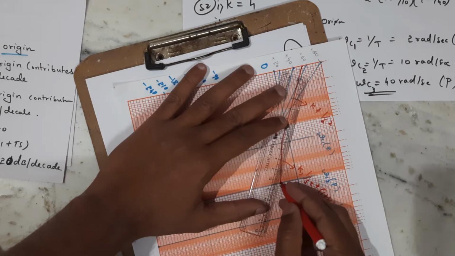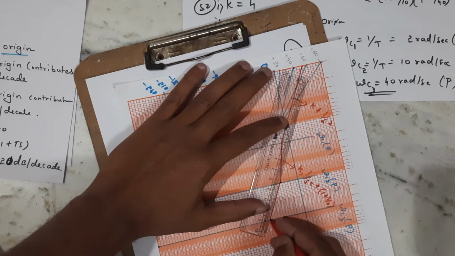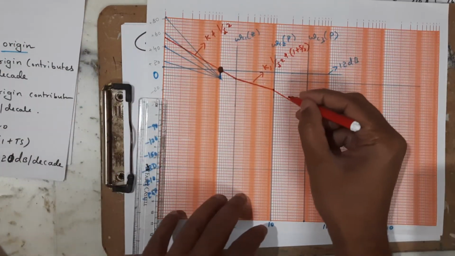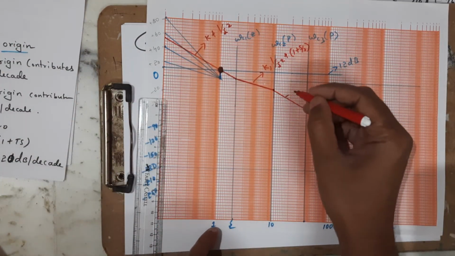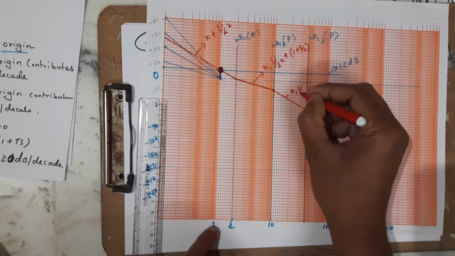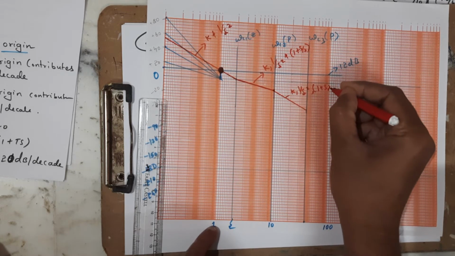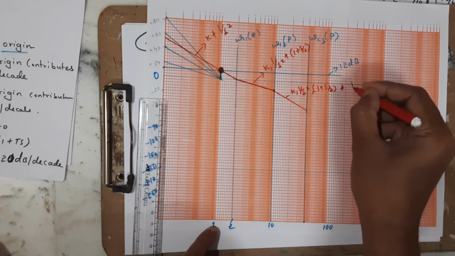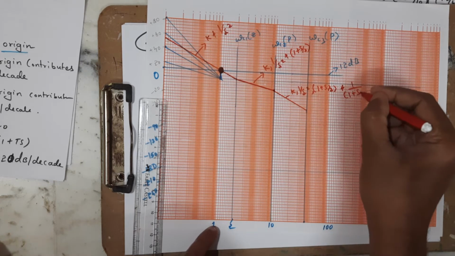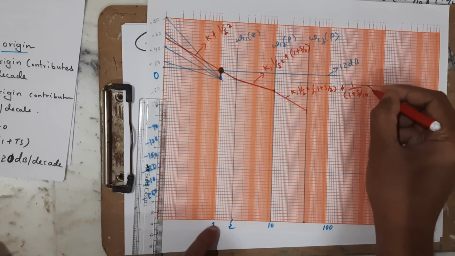This is a slope of minus 40. This is due to the contribution of K by s square, 1 plus s by 2, and the simple pole 1 by 1 plus s by 10.